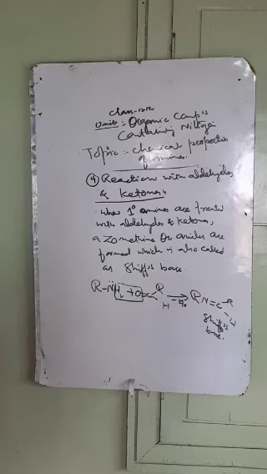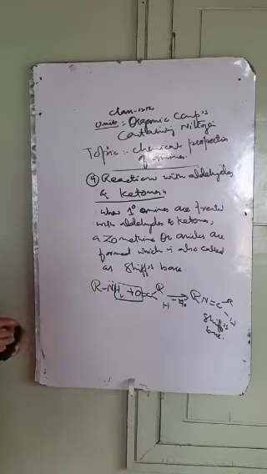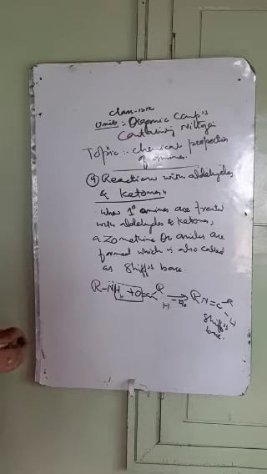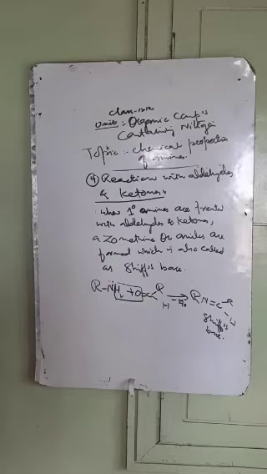While secondary amines जो होते हैं, they react with those aldehydes and the ketones which possess the alpha hydrogen atoms, where first the carbinol amine is formed, which is unstable, and then it loses a water molecule and results in the formation of the enamines.